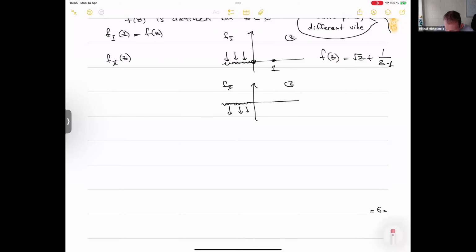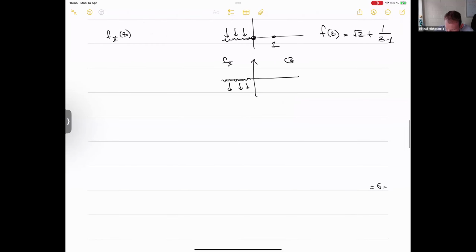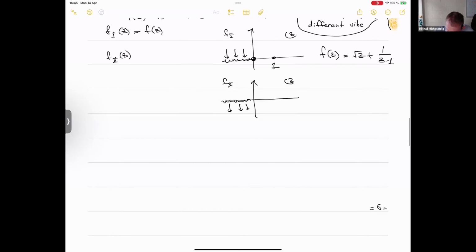So I approach the cut for the top function from the top, and I find for the other function exactly the same values below the cut. Moreover, the function is analytic if I just merge the two.